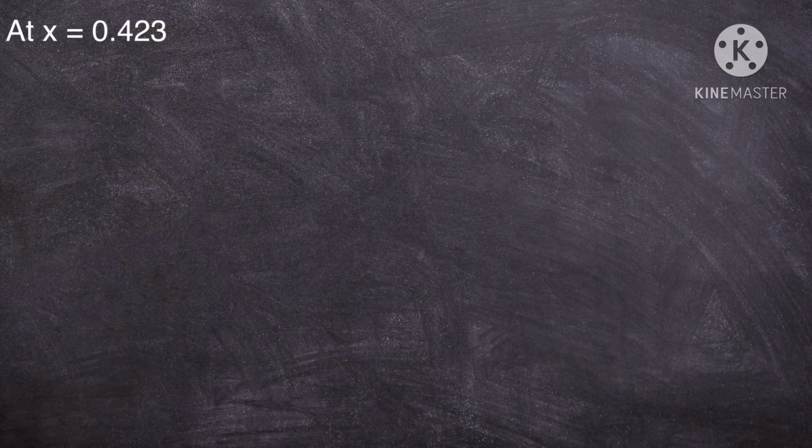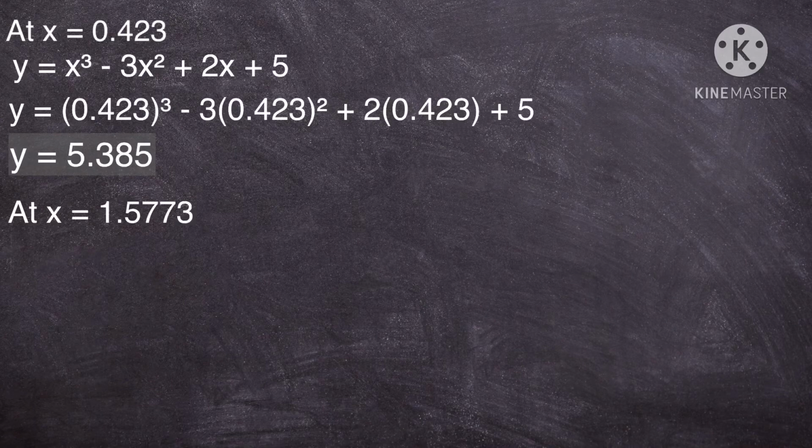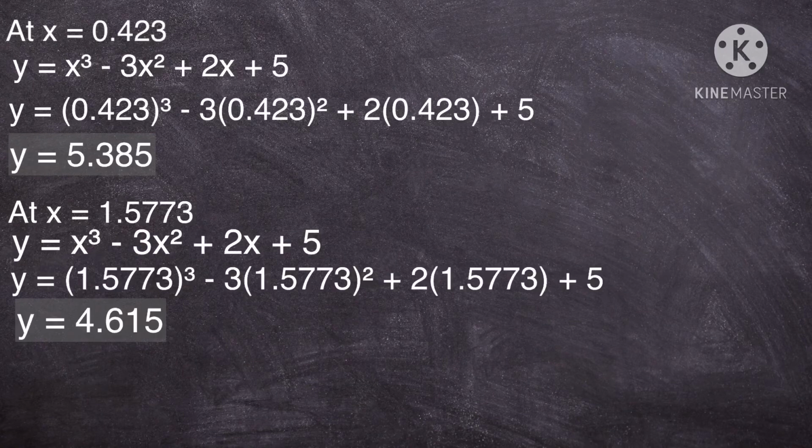Now, we can solve for the critical points. Let x be 0.423, then substitute it into the original equation, which is x cubed minus 3x squared plus 2x plus 5. Our y will become 5.385. Next, let x be 1.5773. Substitute again into the original equation. Our y will become 4.615.